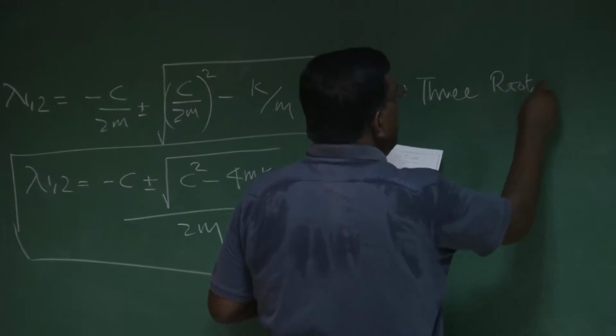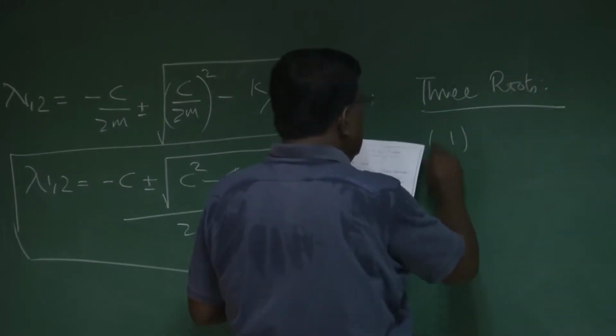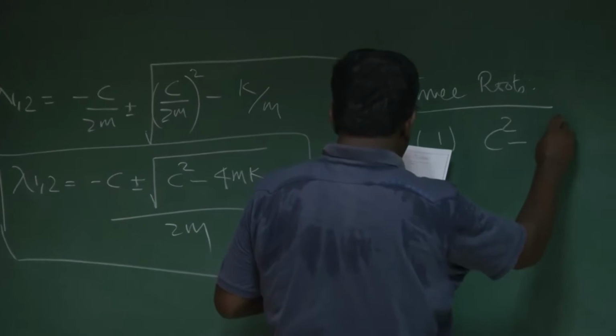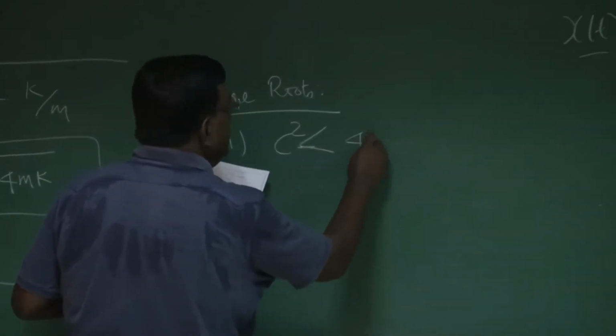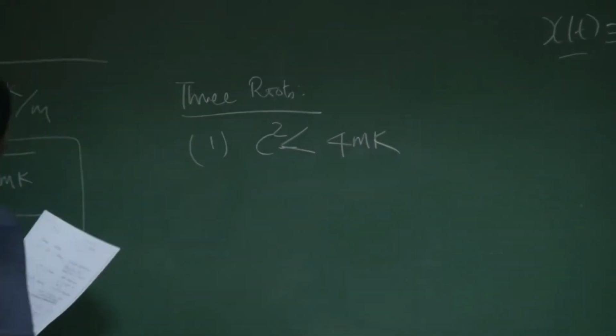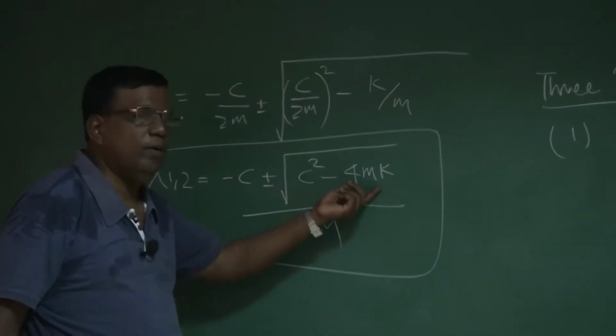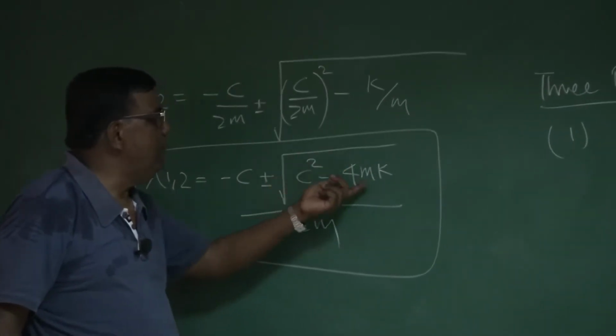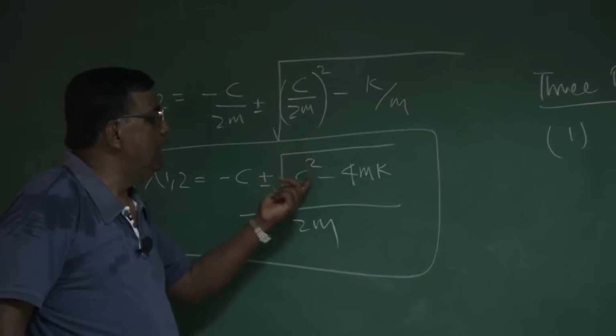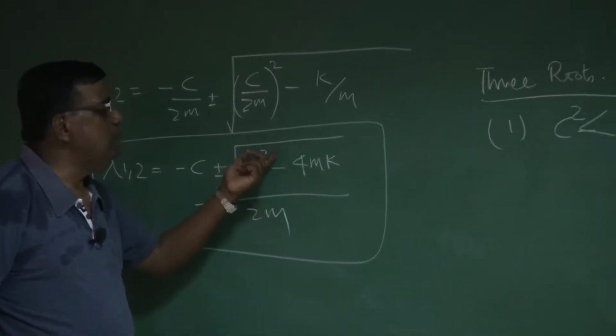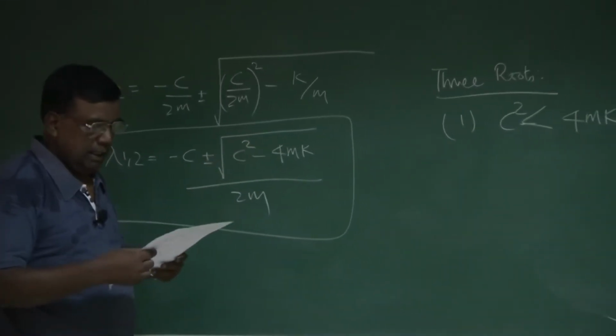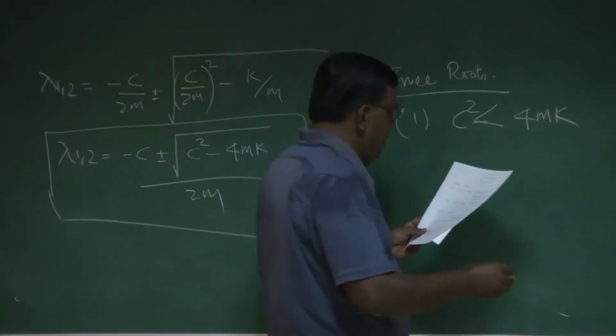There are 3 values of lambda possible. One is if c square is less than 4mk. You could see from here, if c square is less than 4mk, the term inside the under root will be negative. Okay? So this is called a typical case.